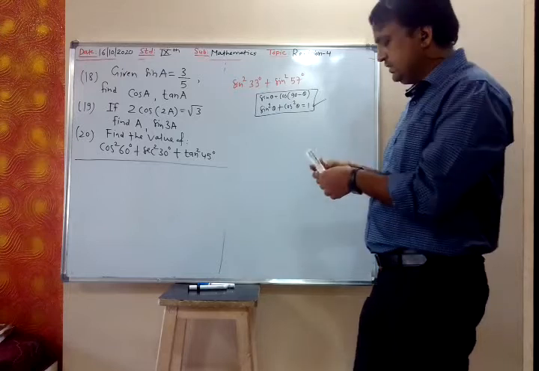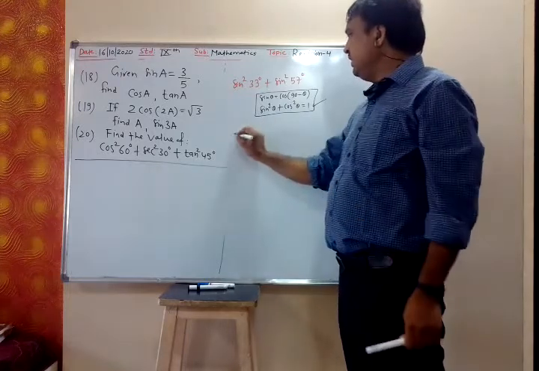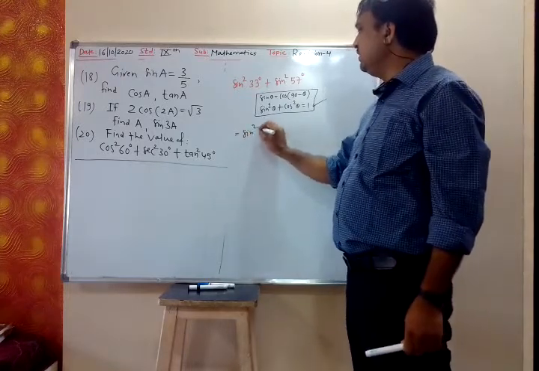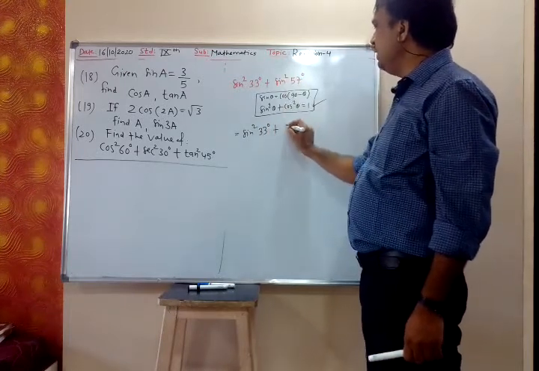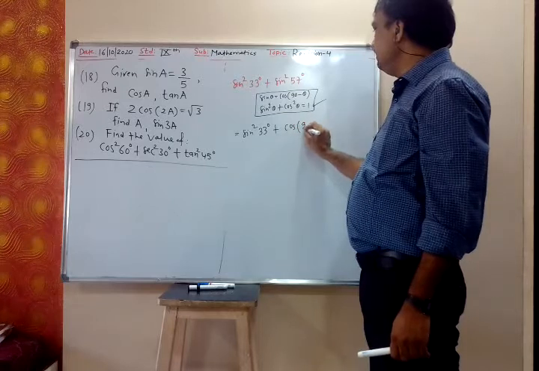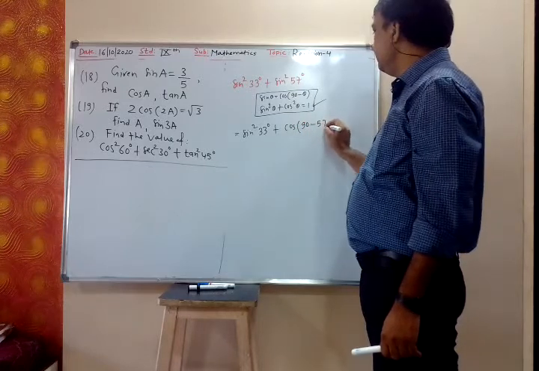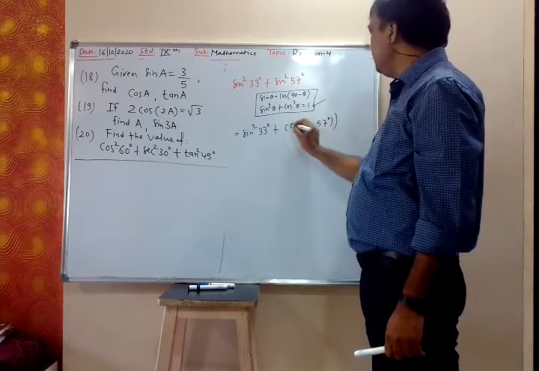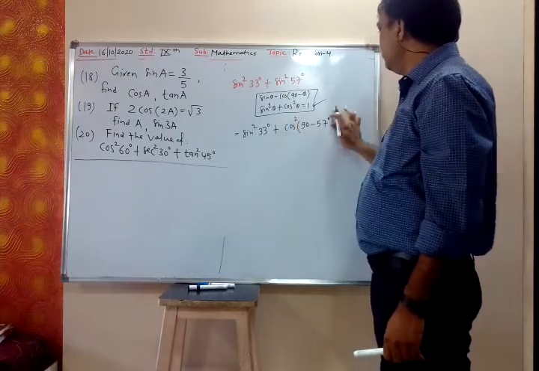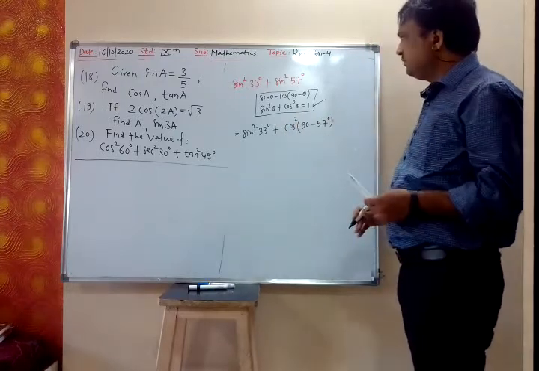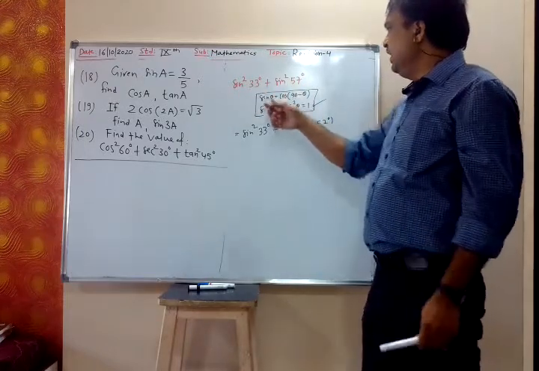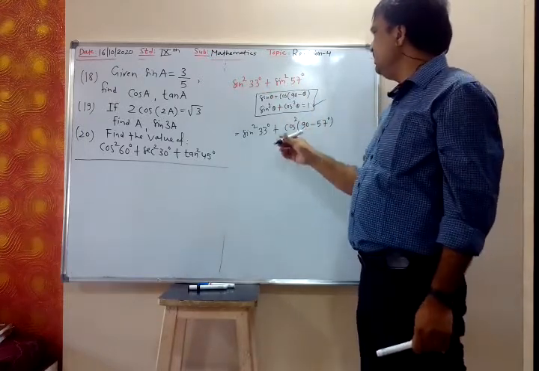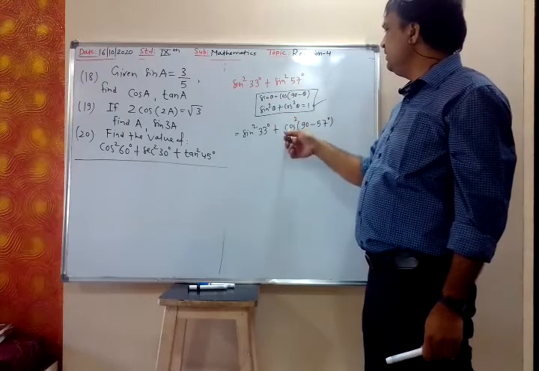I will use these two results. This I will write sin square 33 degree only. But this sin 57 I can write cos(90 minus 57) square, yes or no? Yes, you can change any one. One you fix, other you change. I am fixing 33, 57 I am changing. Sin 57 is same as?